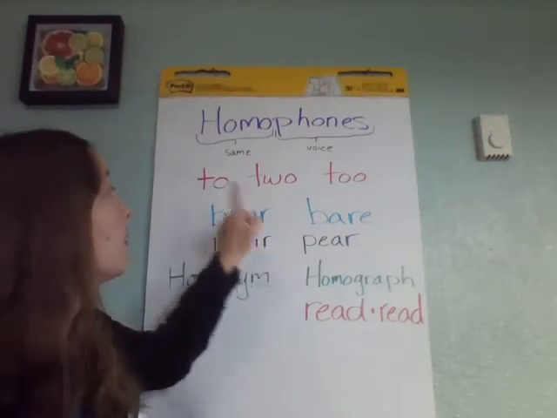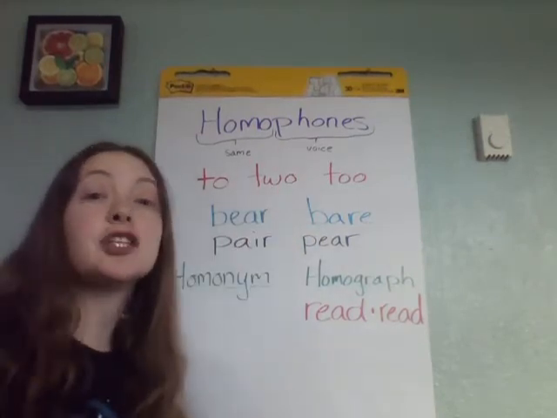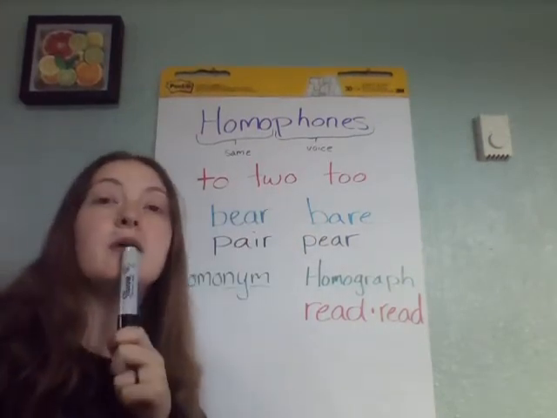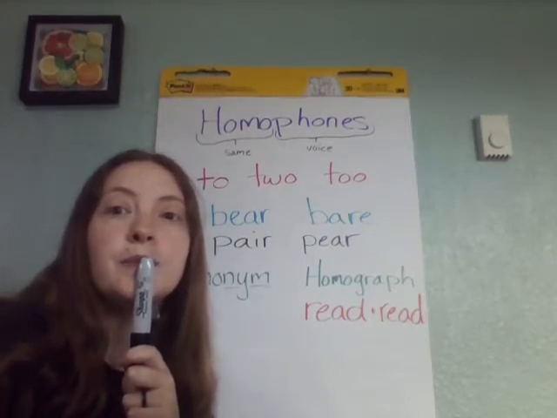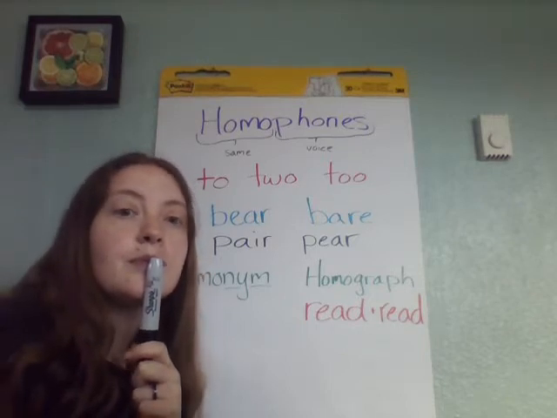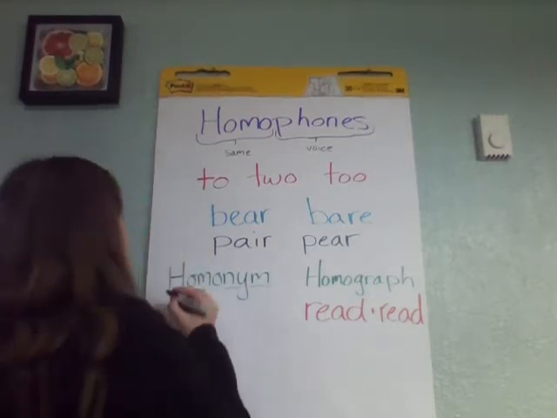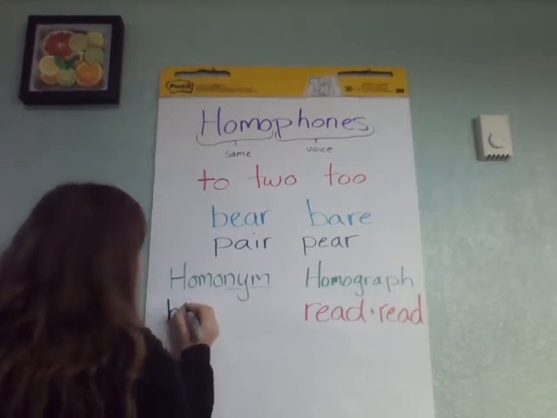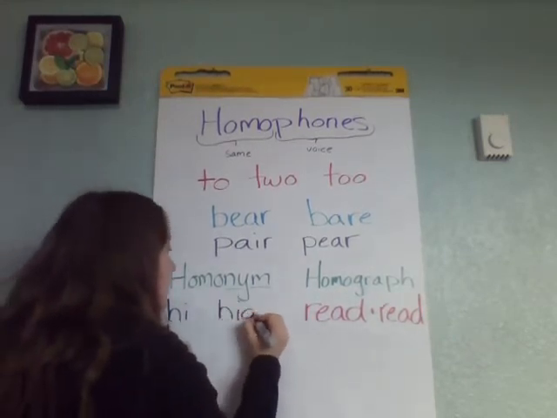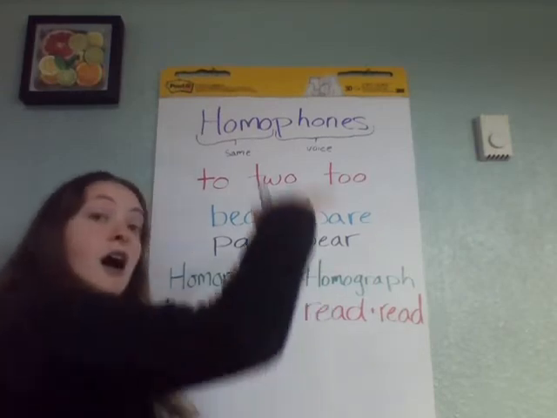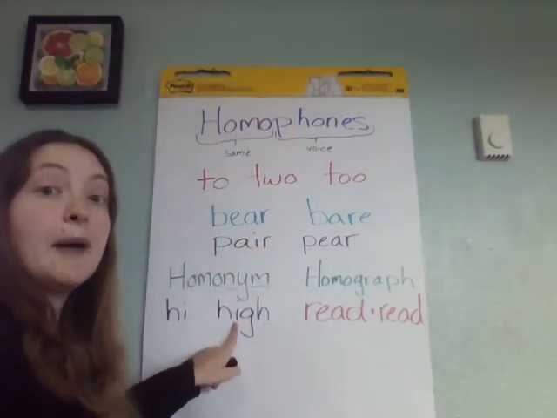Pear and pair, bear and bare, two, and too. I've got one. How about this? Hi, like hello, and high, like a tall elevation, like up high on a mountain.